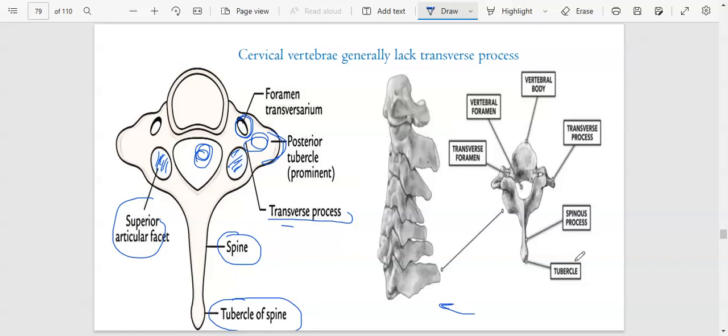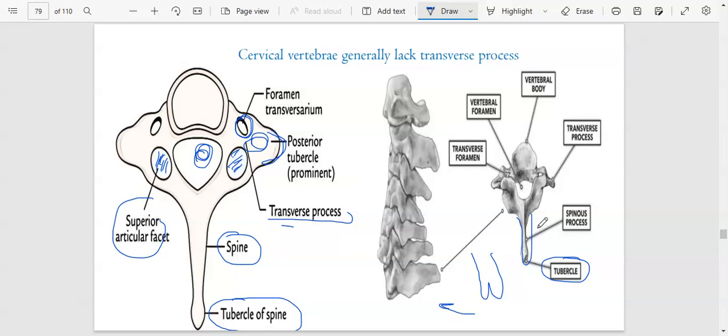So what are the basic parts we're able to see? A tubercle, that thing that gets to come outside. And actually, this same thing that gets to come outside, the long part of a bone, is called the spinous process. Okay, this same spine is called the spinous process, but we can see that in C7 it is not bifid. In these other bones, it was bifid, something like that.